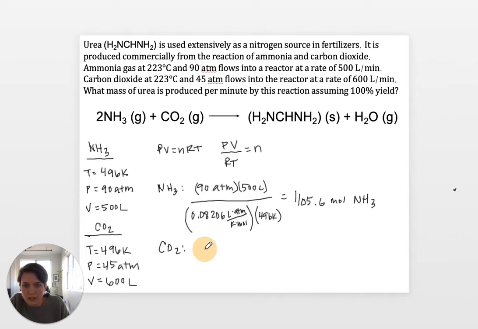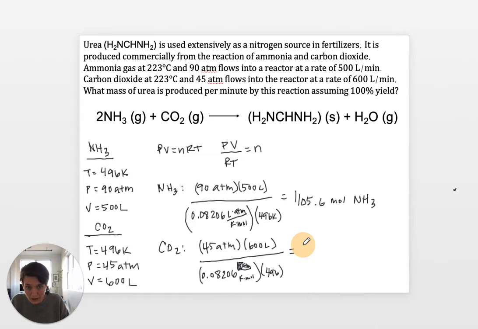So we have our pressure of 45, our volume of 600 liters, we'll plug this in, 45 times... That can't be right.